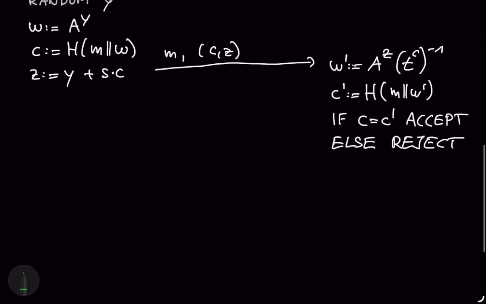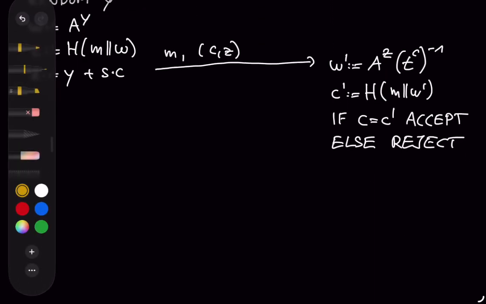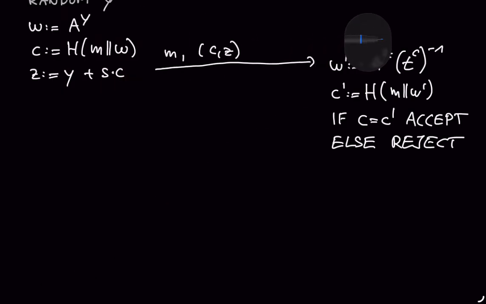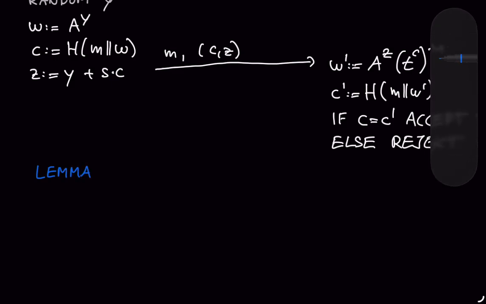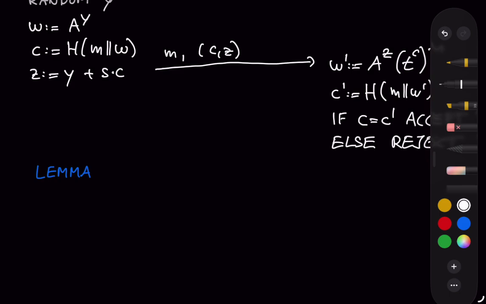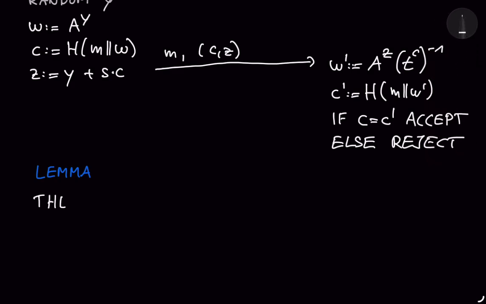Okay, let's prove that the verification really accepts the signature. So for that, we state a kind of lemma, and the lemma says the Schnorr signature scheme is correct.